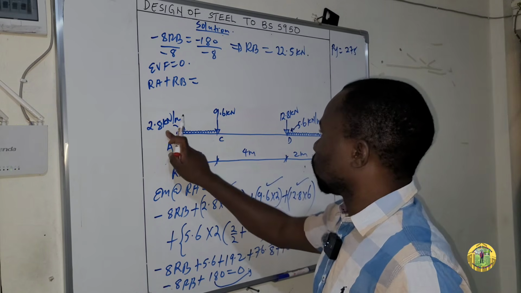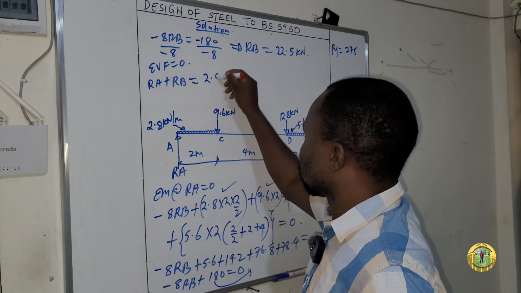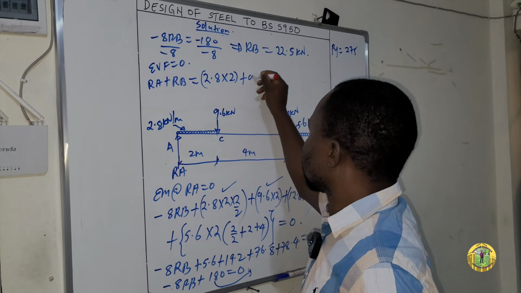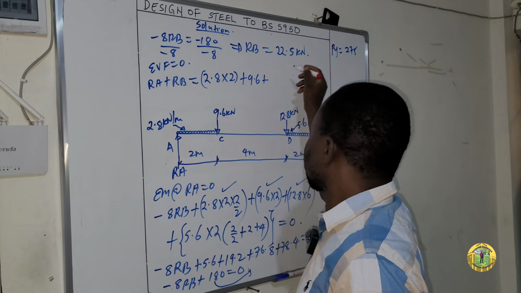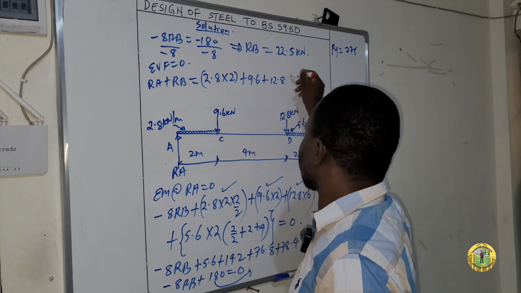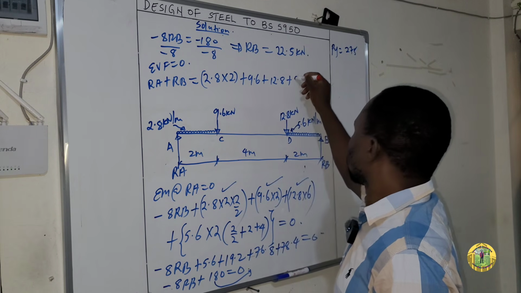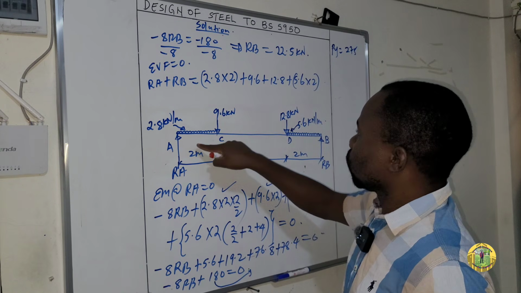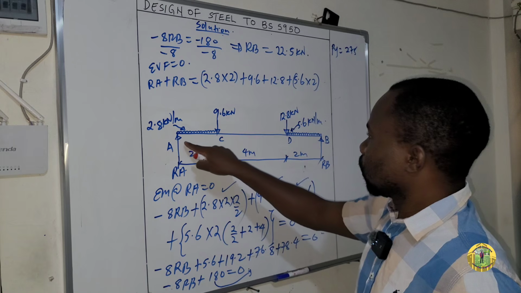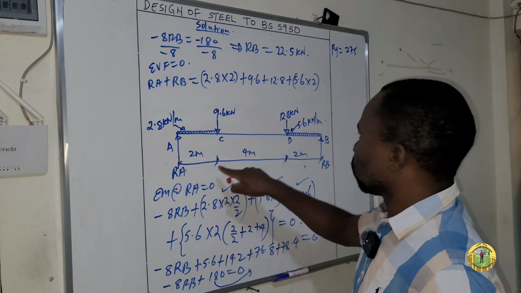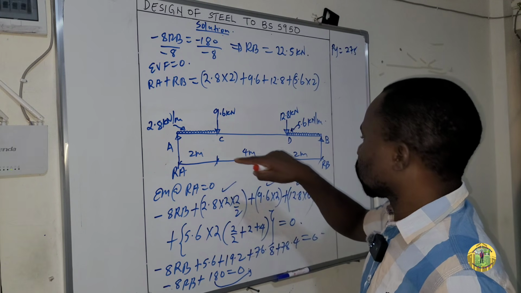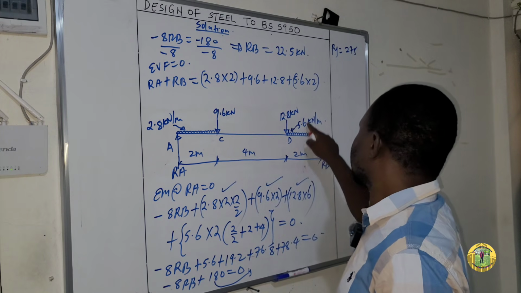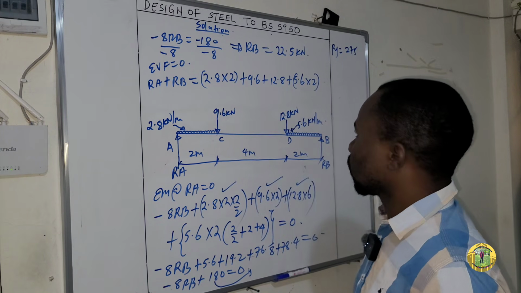If we begin from 2.8, we'll have 2.8 times 2 plus 9.6 plus 12.8 plus 5.6 times 2. Why am I multiplying the UDL by its distance? Because you need to convert this UDL into a point load. To convert it, we multiply it by the distance covered, for example 2.8 times 2, 5.6 times 2.